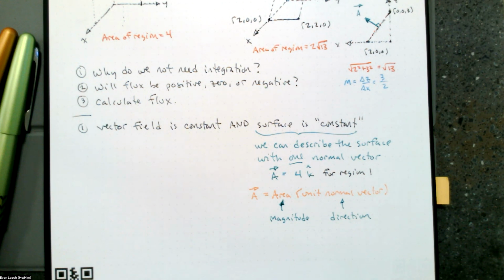The reason we want a unit normal vector for the direction is that we want the area to represent the magnitude. So I want the magnitude of the area times the magnitude of the direction vector. I want the magnitude of the direction vector to be 1, so that all we're getting from the unit normal vector is a direction, and all the magnitude is summarized in the area.